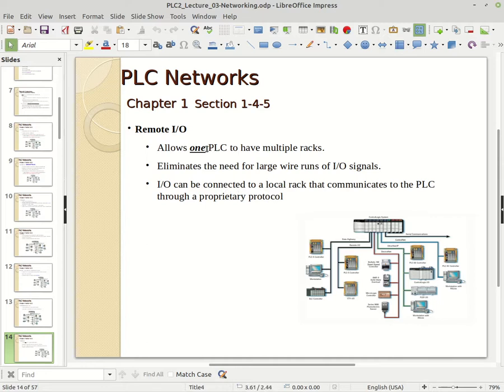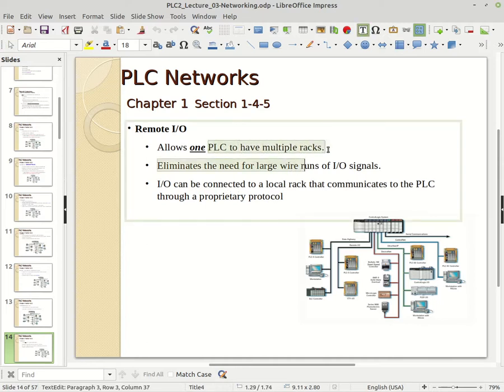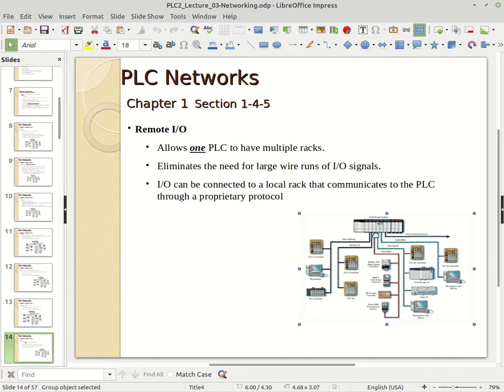Okay. Remote I/O is really not necessarily a network, but it's where you would insert into your primary PLC a dedicated card that would then run out to a rack, to a separate chassis that could have more I/O. So if you had your ControlLogix chassis with 17 slots, and all 17 slots were full, but you still needed more I/O, you didn't necessarily have to buy a second PLC and then create a second program for that second PLC.